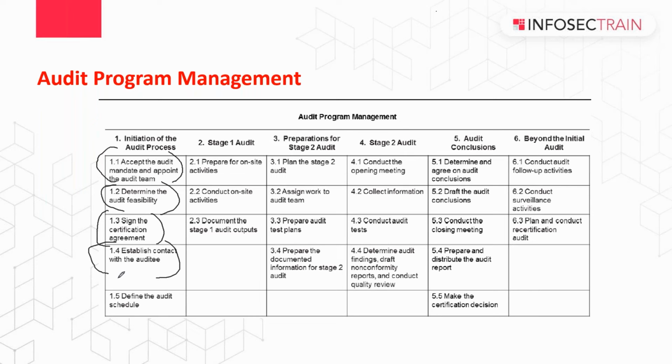Location will be specified, and arrangements will be given: health and safety arrangement, security arrangement. Agreeing on attendance, guidance, and determining the area of interest will be established between the auditee and the stakeholders or the management.